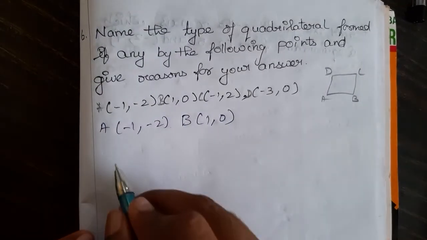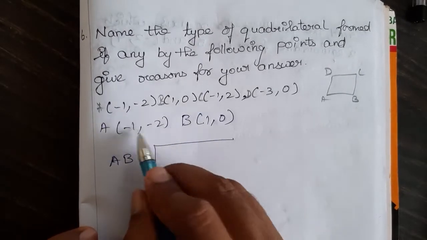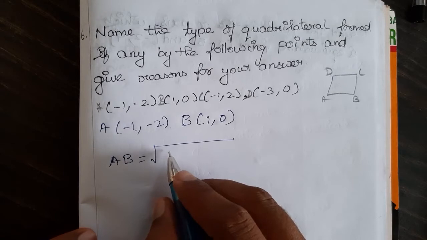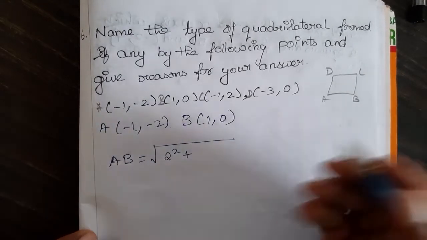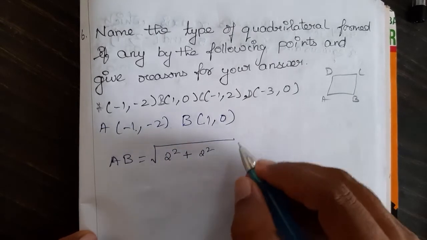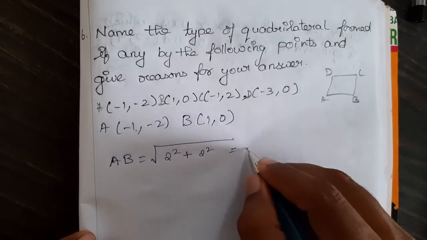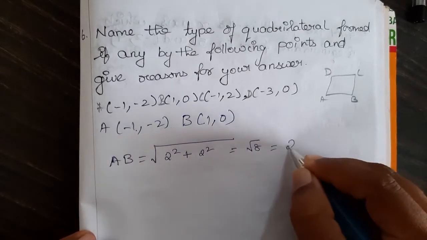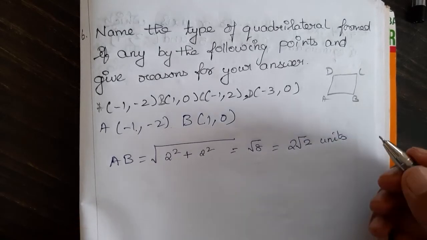So distance AB is equal to the square root of (1 minus -1, which is 2) squared plus (0 minus -2, which is 2) squared. Minus into minus is plus. 2 squared is 4, plus 4 is equal to the square root of 8, which is 2 square root of 2 units, right?